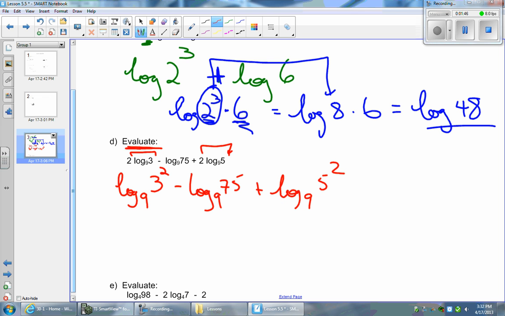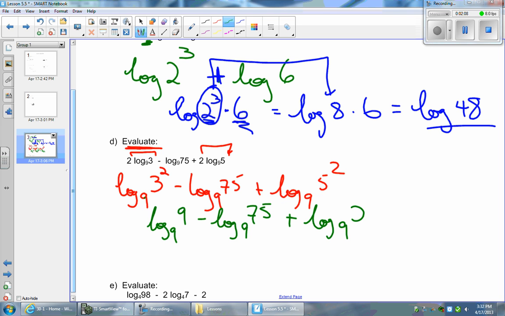Well, you know and I know that we can expand these guys out a little bit, so let's do that. Okay, so this is log 9 of 3 squared, so that's log 9 of 9, minus log 9 of 75, plus, oh, look at this, log 9 of 25.